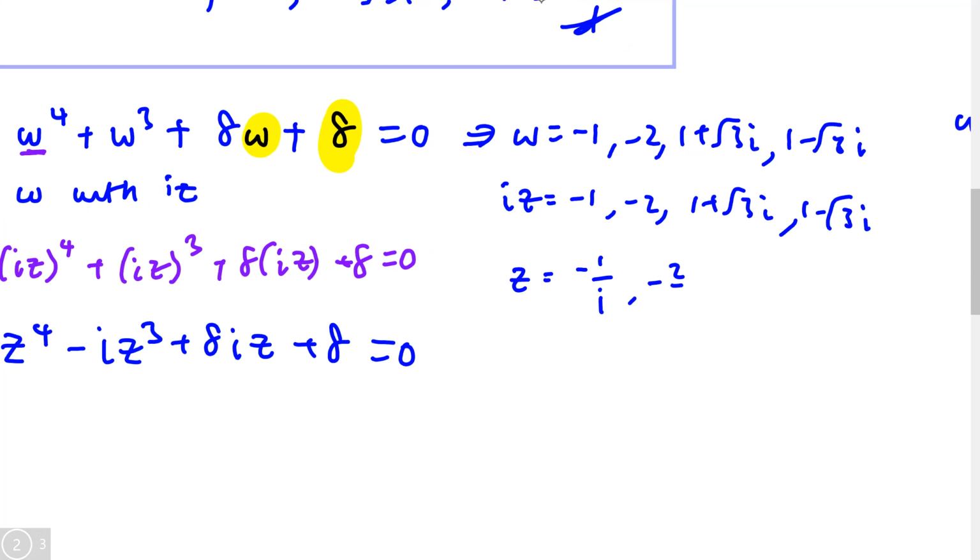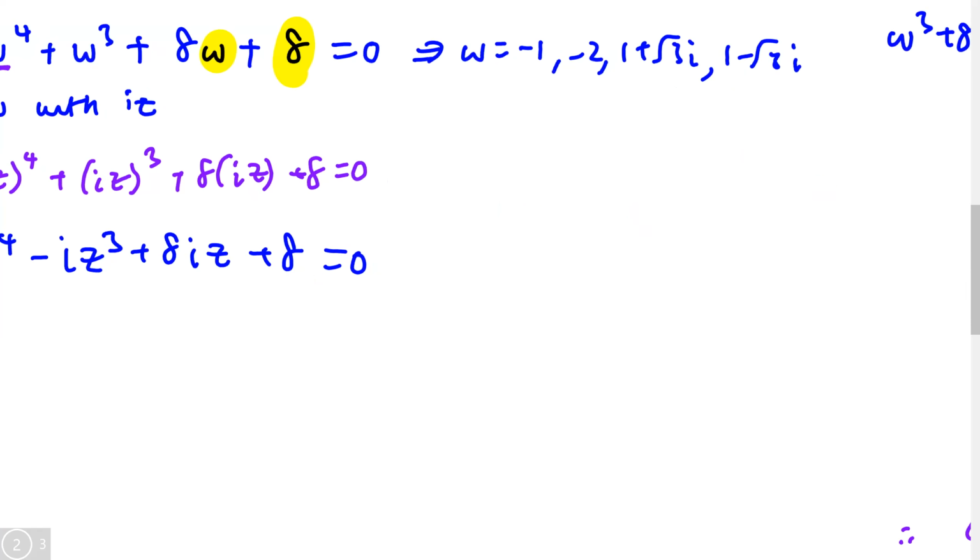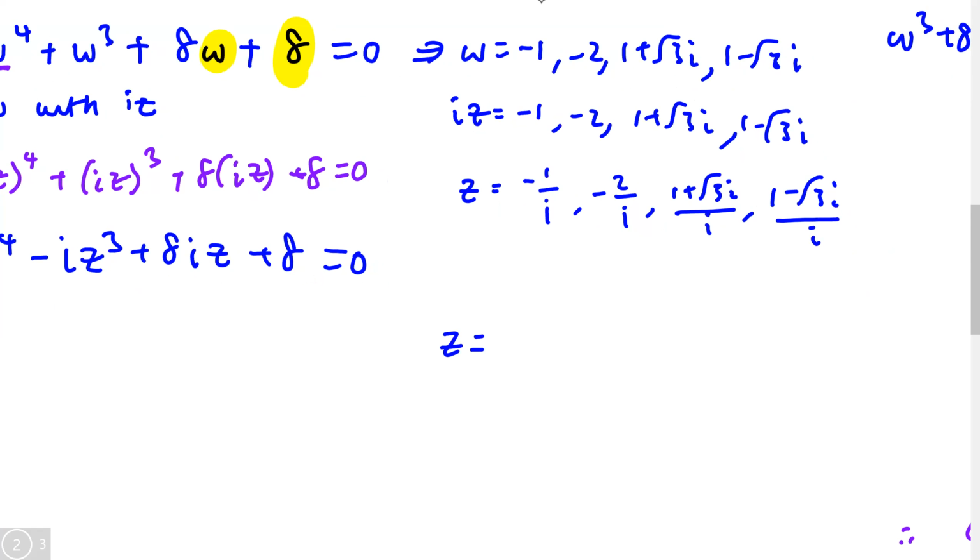Just quickly do the division. Multiply the numerator and denominator with i to rationalize the denominator. So this will be i, 2i, -i plus root 3, and -i minus root 3. I believe that's your answer.